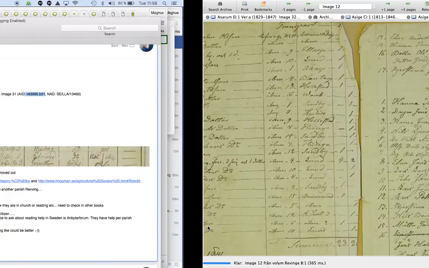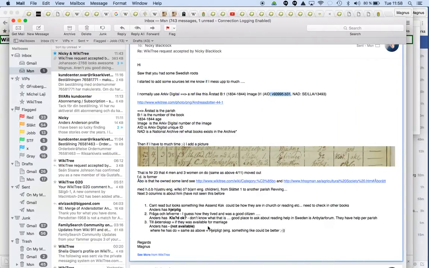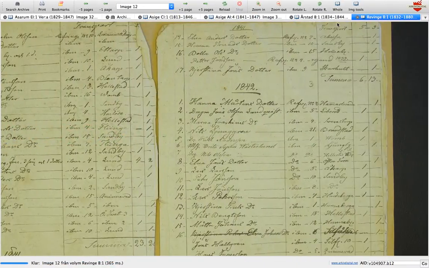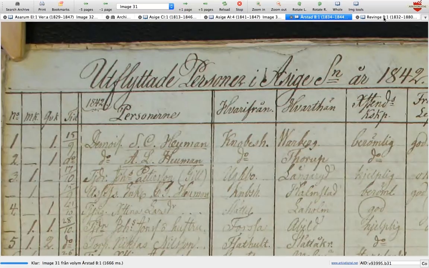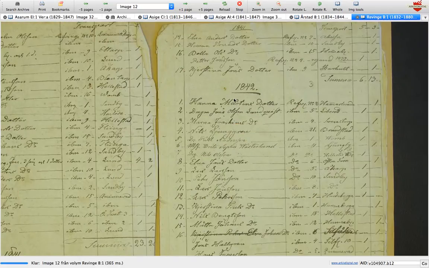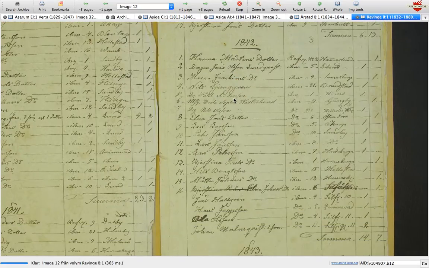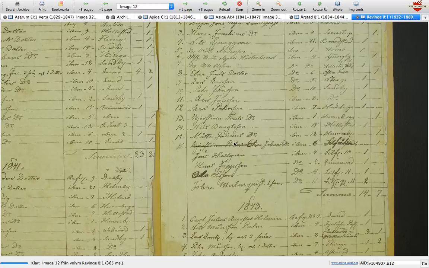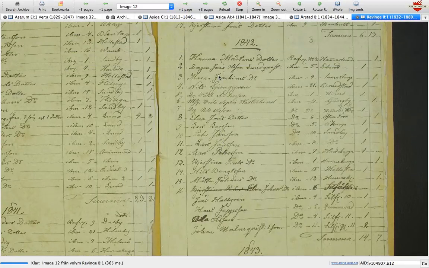Right? 1842. We're moving to the correct Revinge. It's a little bit away. It's in.